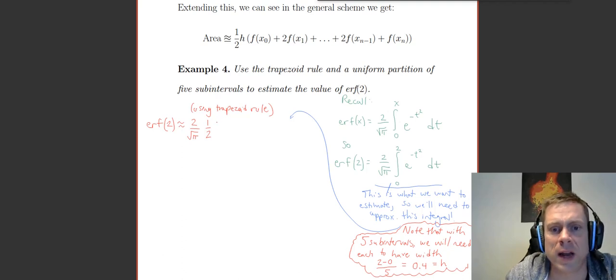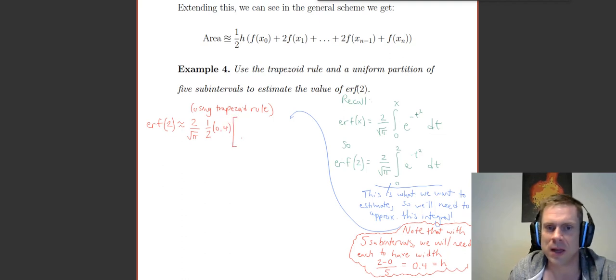So 1/2, and then the h was 0.4. And then I'm going to want to multiply by a bunch of stuff here. And I want to think about this. It's f at the first point, which is 0. So I'm going to need basically f at 0. And then I'm going to have to add 2 f of 0.4 going across to the next point and so on.